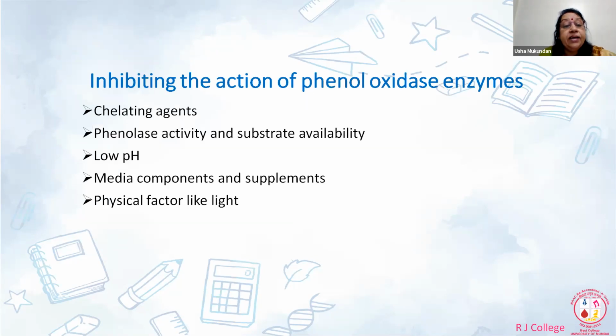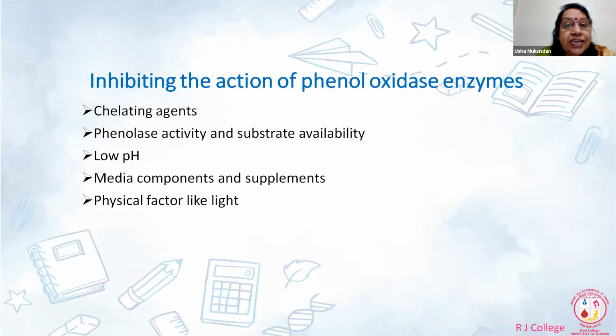Now, inhibiting the activity of the phenol oxidases. I'm putting them all together, not calling them by any particular name. So all these enzymes, because they are utilizing phenols as their substrate, we can put them together as phenol oxidases. So the medium can be supplemented with chelating agents.